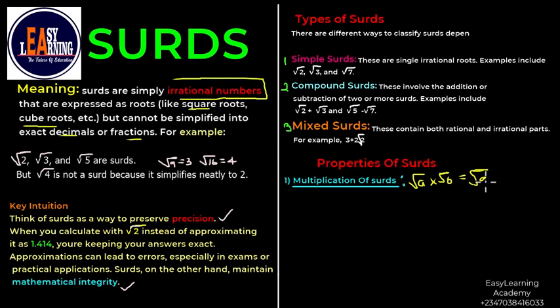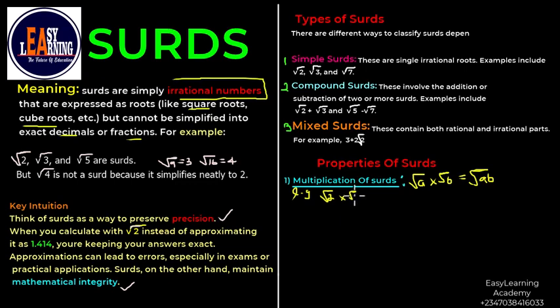Now, for example, we can have the square root of 2 times the square root of 3.